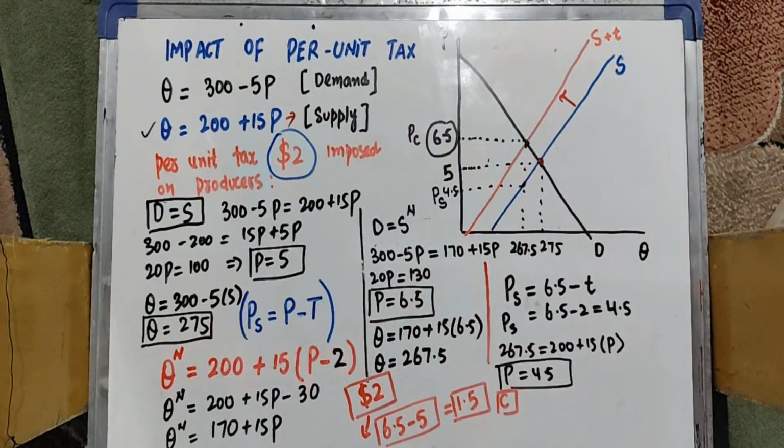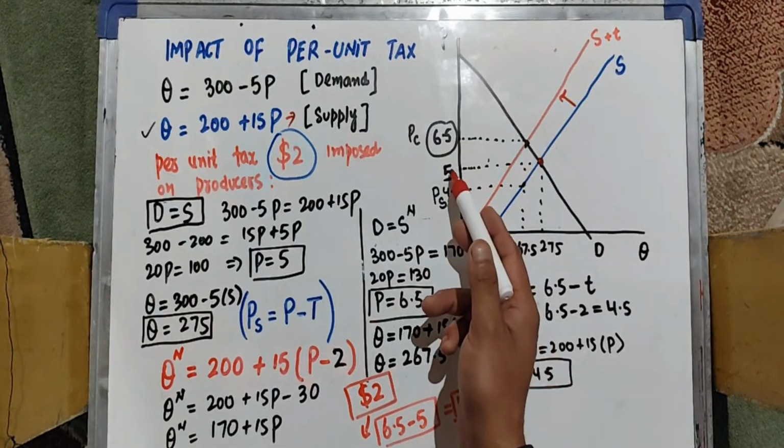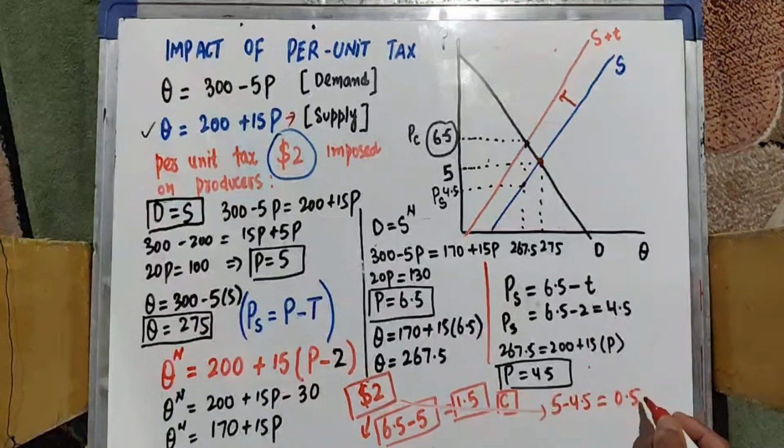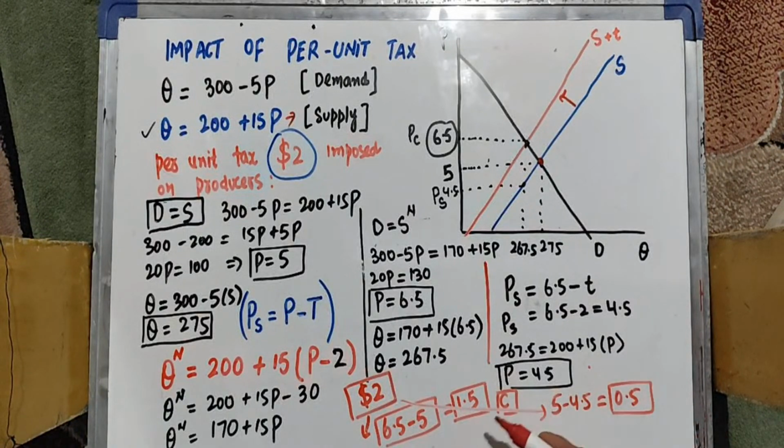And then we have 5 minus 4.5, which is equal to 0.5. So $0.5 will be borne by the sellers.